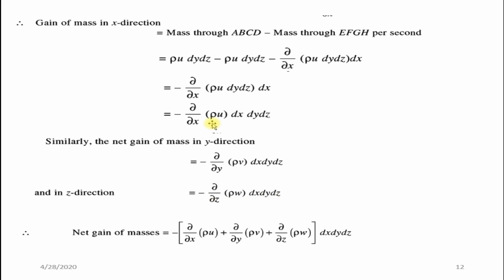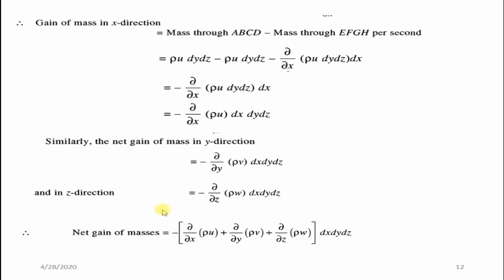Till here you have to derive. After that you can write directly net gain of mass in y direction minus dou by dou y of rho into v into dx dy dz, and in z direction it is minus dou by dou z of rho into w into dx dy dz.